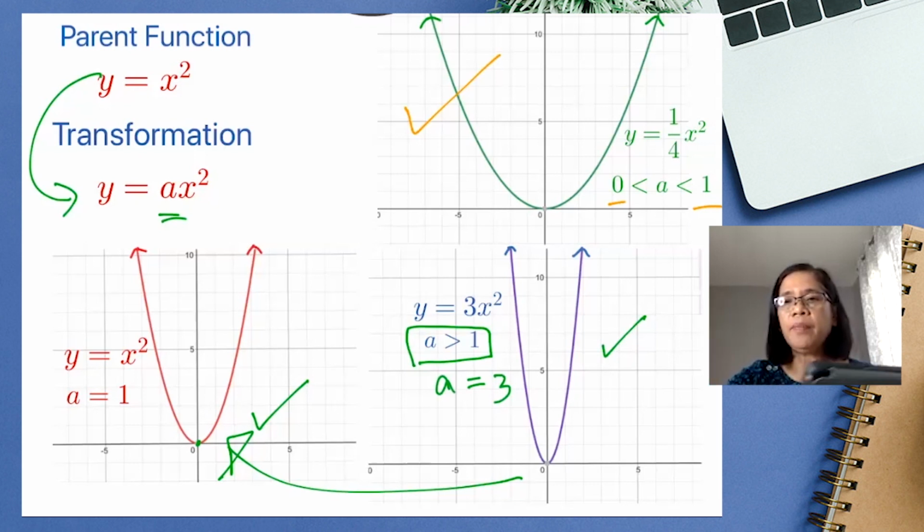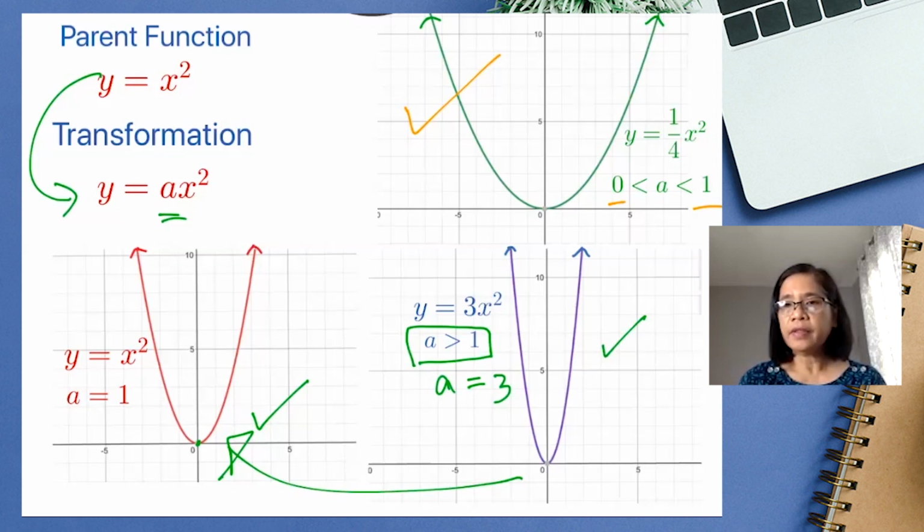The parabola becomes wider. So to summarize, the value of a affects the width of the opening of the parabola. The bigger the value of a, in terms of absolute value, the narrower it is, and the smaller it becomes, the wider the opening of the parabola is.